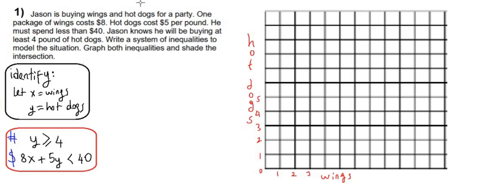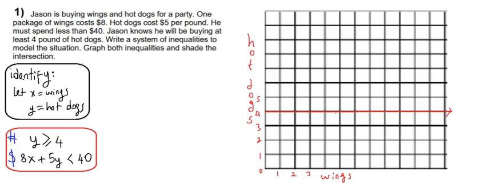Okay. Y is greater than or equal to 4. So we go to 4 on the y-axis and make a straight line. Because how do you graph y equals 4? A horizontal line. And where are we gonna shade, above or below? It says greater than 4.